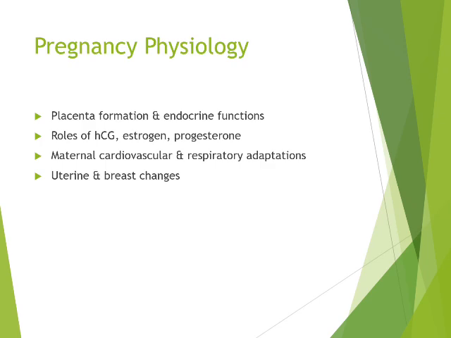It supports the growth and repair, and also it secretes progesterone and estrogen to prepare the body for delivery and lactation. We'll discuss in more detail the roles of human chorionic gonadotropin, estrogen and progesterone.